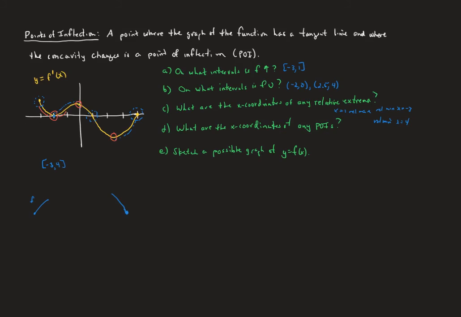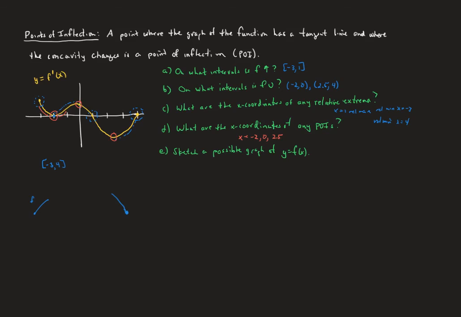So we will get inflection points at x equals -2, also at 0, and at 2.5, which we called that earlier.